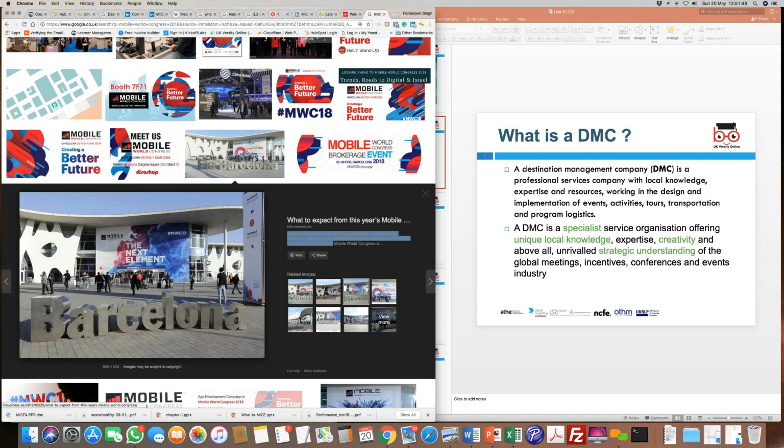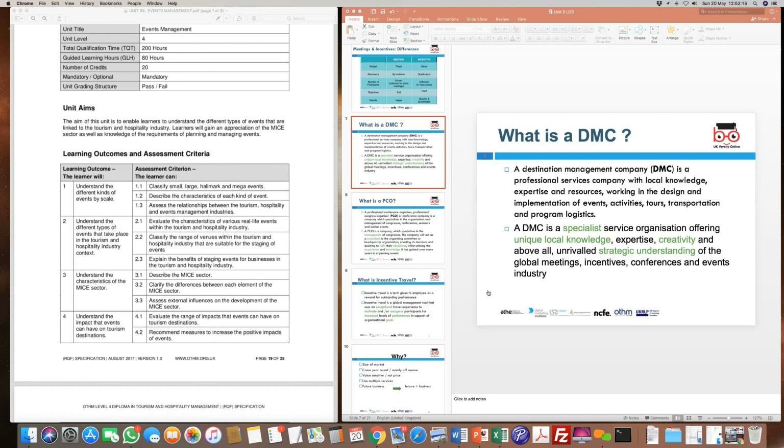They will provide manpower, volunteers, activities, tours, and transportation, and they will manage the entire event for you, putting it together and then storing it over the years and reusing it if you want to reuse it or use some part of it next year. So these are called destination management companies. This term might be more relevant to companies which can provide you a service if you look at resort management events happening in resorts.